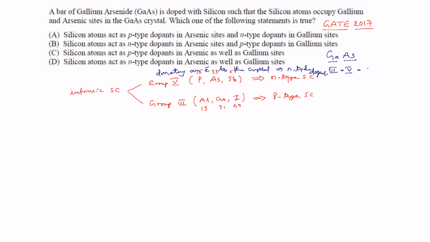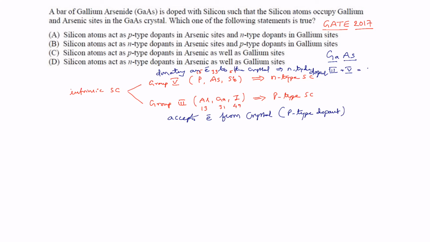It has taken an electron from the crystal towards the dopant, so there is a vacancy created in the crystal, and that vacancy is treated as a hole. So group 3 elements accept an electron from the crystal, and they are called P-type dopants.